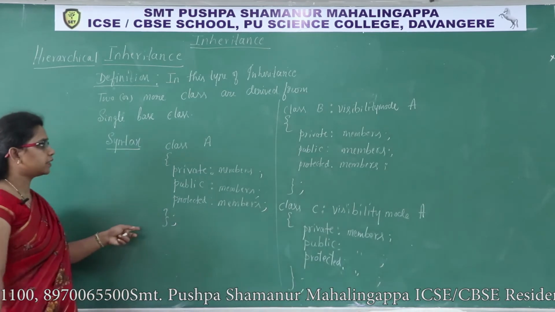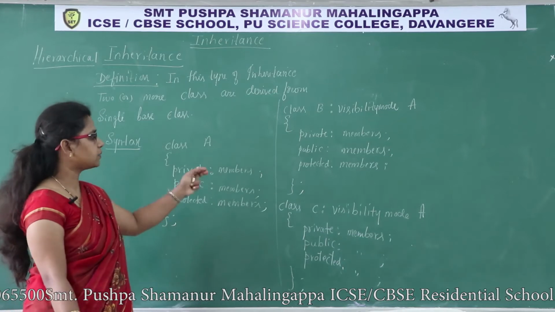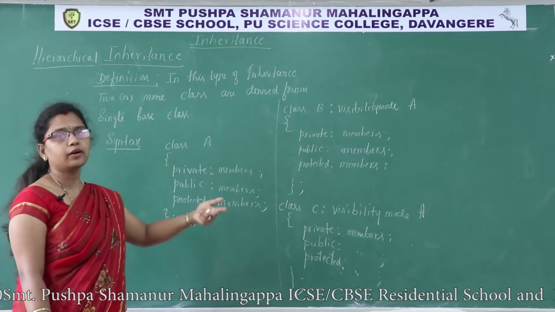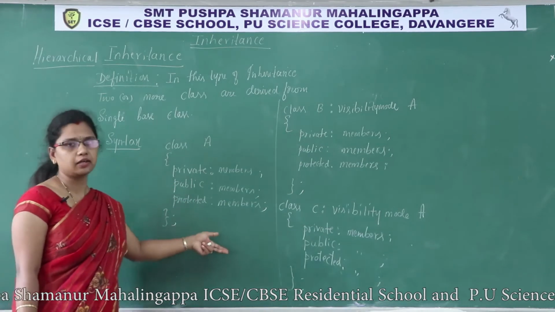So this is the syntax of hierarchical inheritance. We can take another class also, class B, class C, class D. Two or more, minimum 2 classes derived from the existing class, then it becomes hierarchical inheritance.